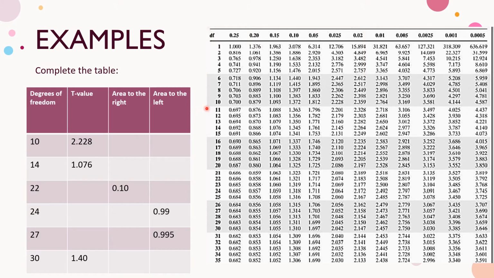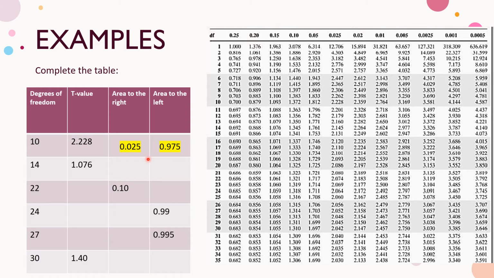So again, we first need to locate the 10 degrees of freedom, which is in this row, and then 2.228, which is the t-value. So that's 2.228, this part. And so the area to the right is 0.025. So we can write there 0.025. And then for the area to the left, we simply subtract 0.025 from 1. So we will have 0.975.